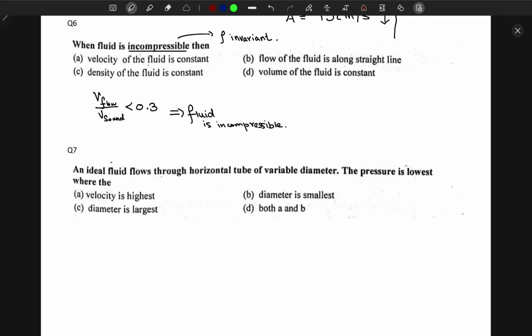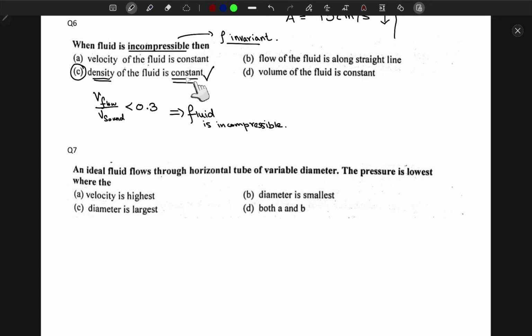Now, we don't see that over here. We just see that the velocity of the fluid is constant. So that does not have anything to do with the incompressibility of the fluid. Hence, according to the definition, the correct option is C, which says that the density of the fluid is constant.